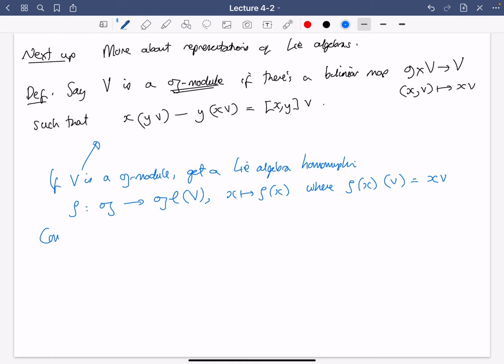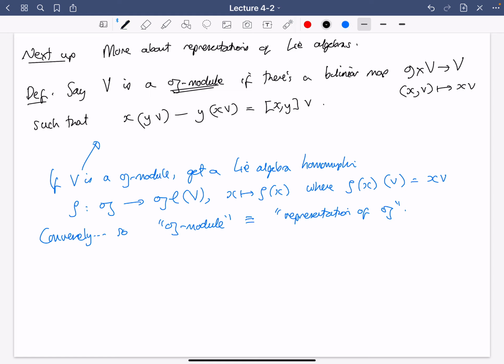And conversely. So in this way you see that the notion of G module is exactly the same data as the notion of representation, a Lie algebra homomorphism rho from G to GLV. And as usual, you use the two languages interchangeably, talking about modules or representations, whichever is more convenient in what you're doing.